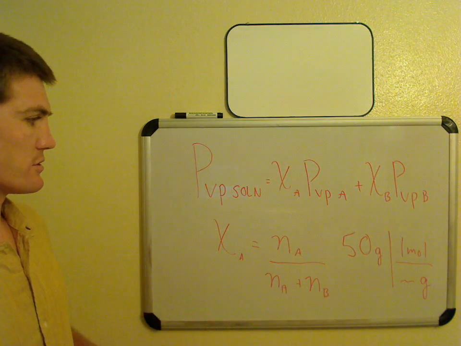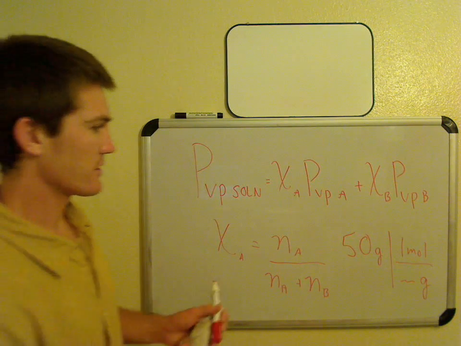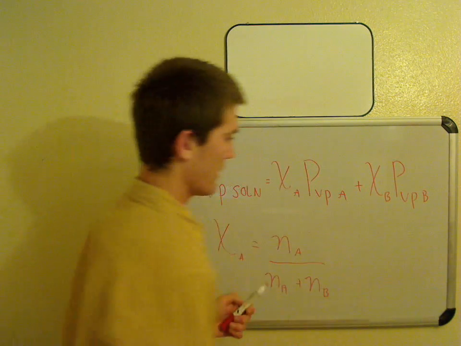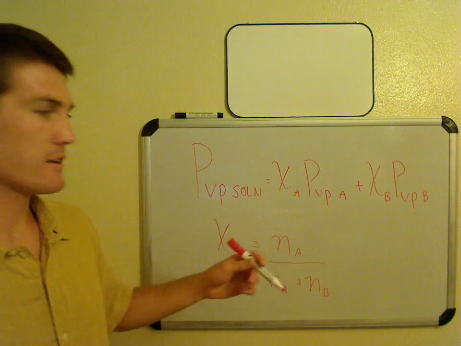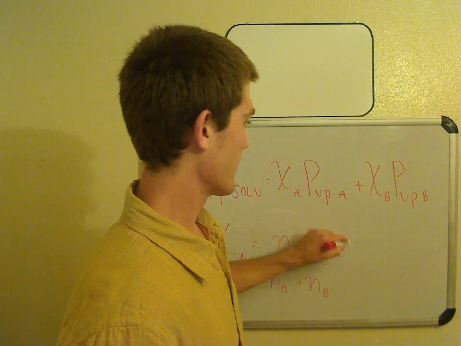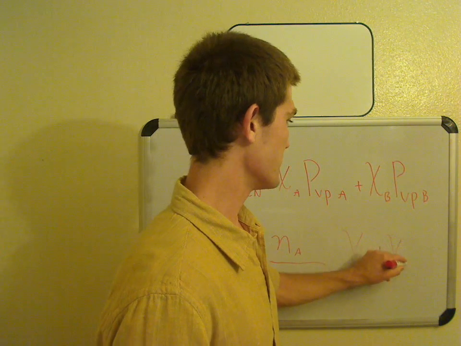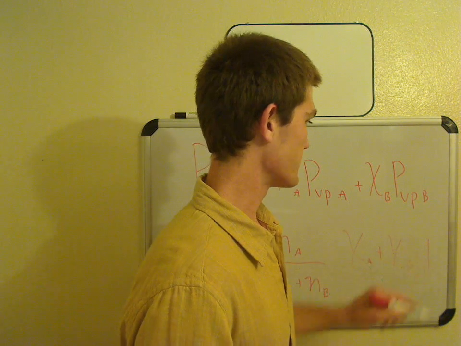And then a neat little shortcut is, once we figure out the number of moles of component A, we can use the fact that the mole fraction of A plus the mole fraction of B has to add up to 1.